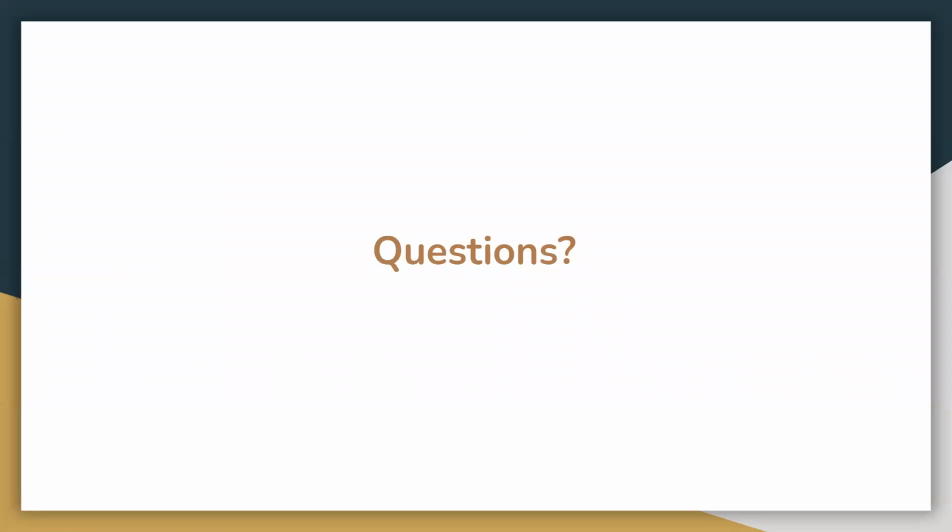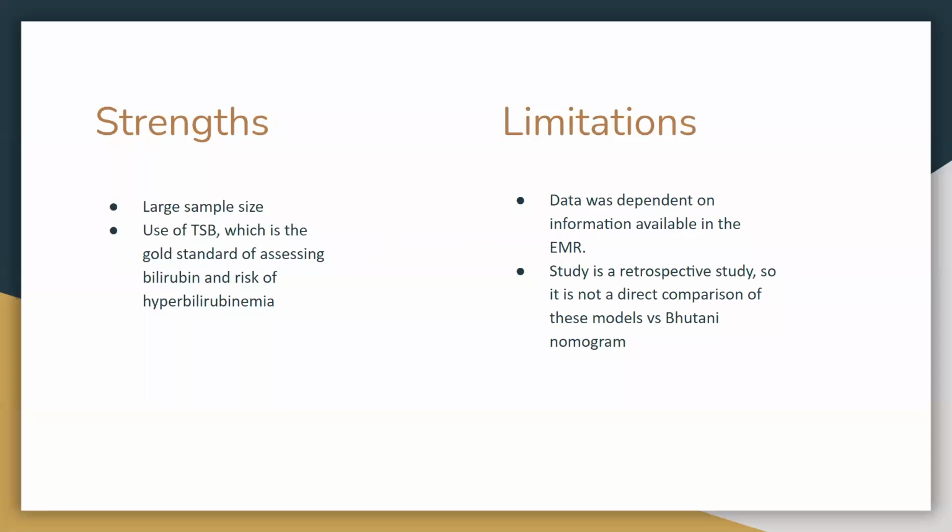So in terms of how this article plays into future clinical practice, it seems like it has potential, but this study is not enough to actually say whether or not this model is more effective than using the Butani nomogram, because again, it is not a direct comparison.